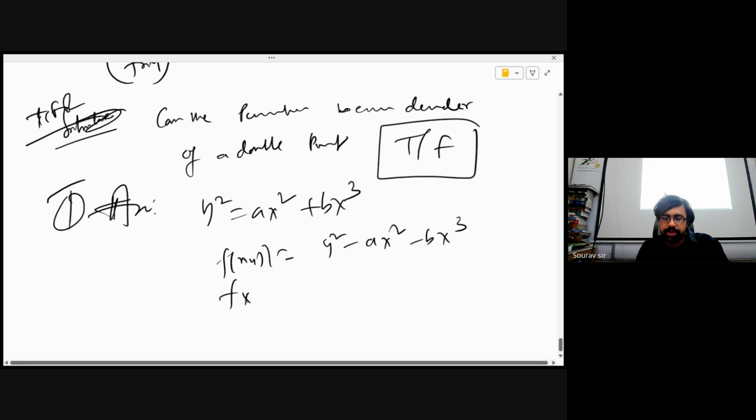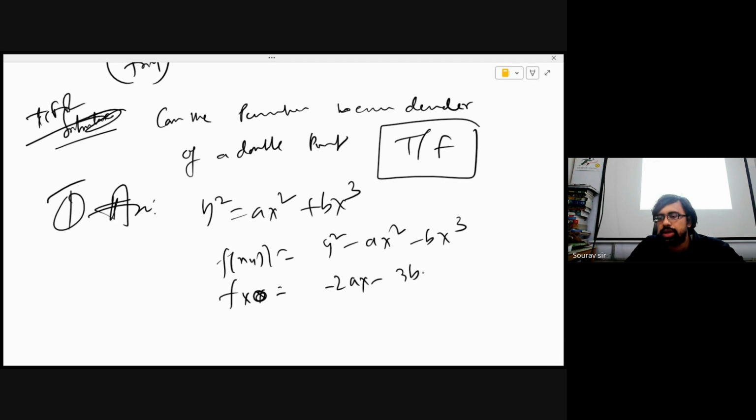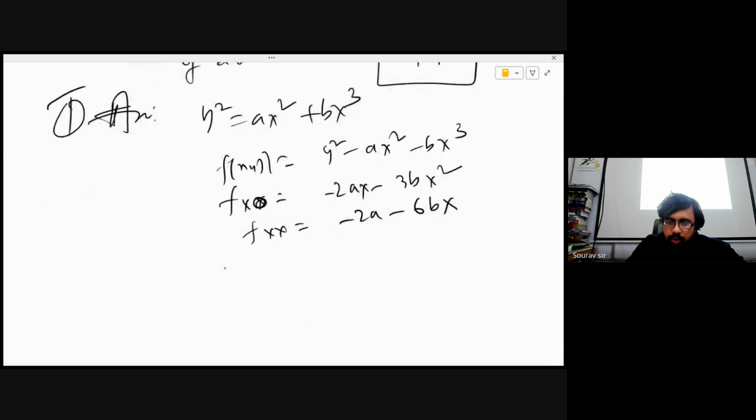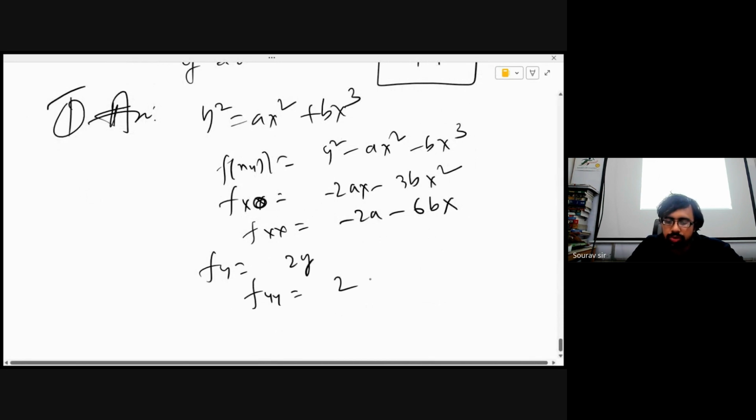So fx पहले कर लेते हैं, minus 2ax minus 3bx square. fxx is minus 2a minus 6bx. fy भी हो जाएगा 2y, fyy हो जाएगा 2, fxy हो जाएगा 0.